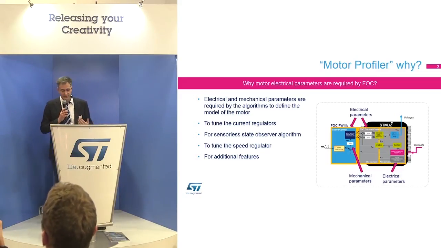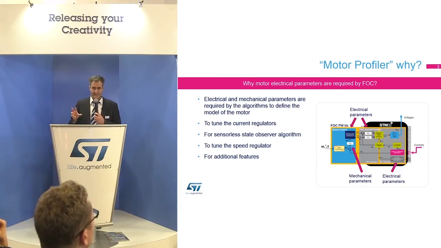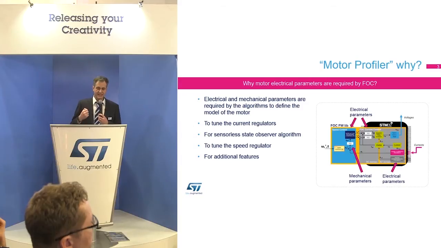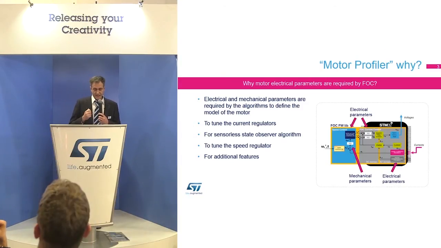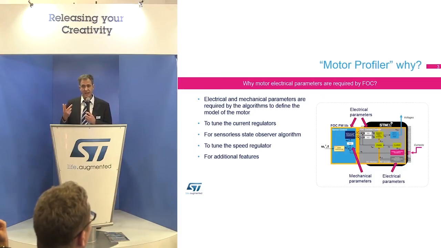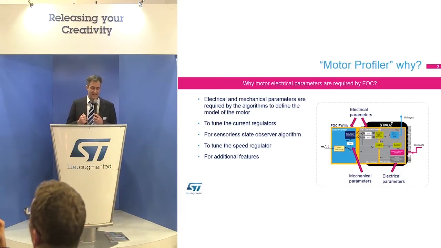Why do we need to measure the motor parameters? Because the field-oriented control algorithm uses a model of the motor, so it requires knowing the electrical characteristics of the motor. So it is also needed to tune the current regulators and to tune the sensorless algorithm that runs the motor in sensorless control.